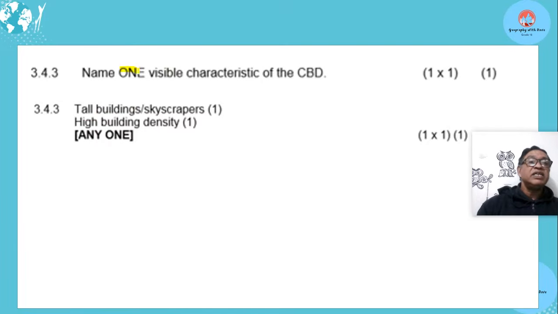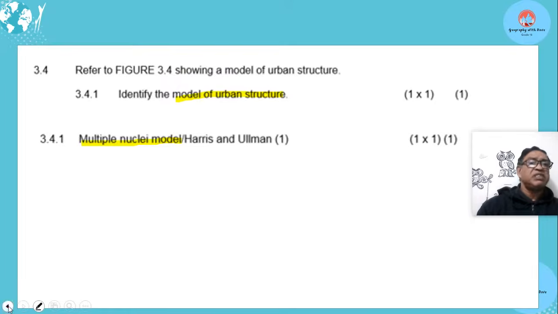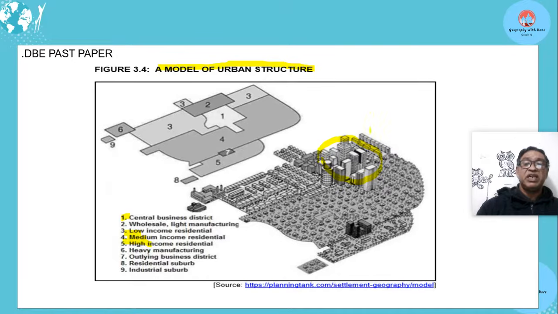Name one visible characteristic of the CBD. Now, watch out here, action word: visible. Many learners, again, do selective reading, forget this and name anything. You have to look at the diagram. Very, very important, learners. Geography, I know I say this 100 times, it's not difficult. Look at the CBD, you know that's a CBD.